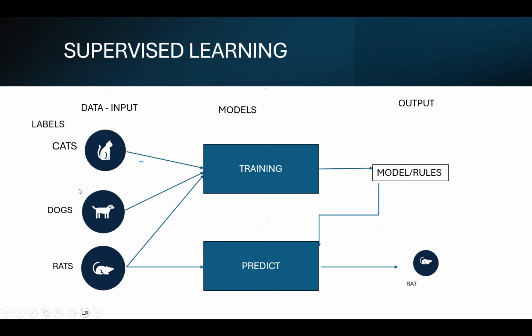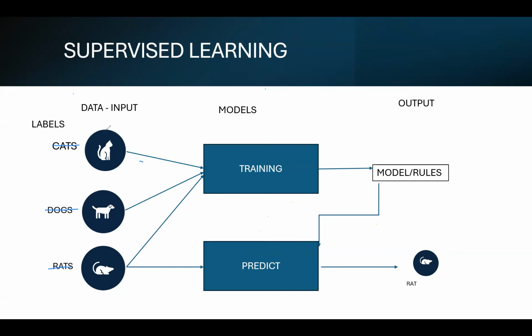Let's say the computer does not know, when we feed it this, if this is a cat, a dog, or a rat. So if you don't have labels, then you need to use unsupervised learning.